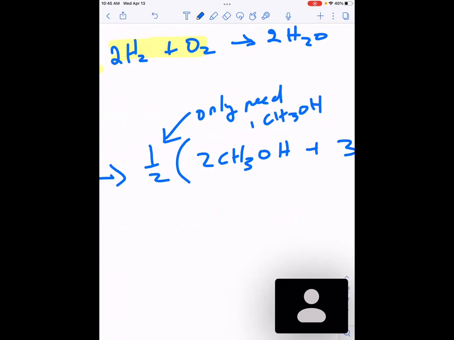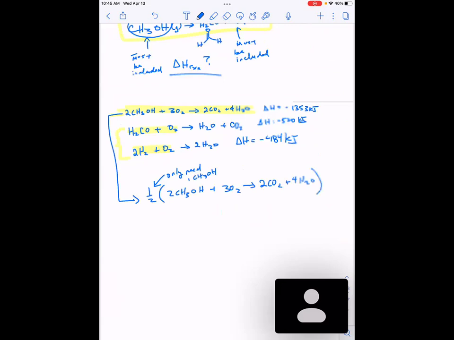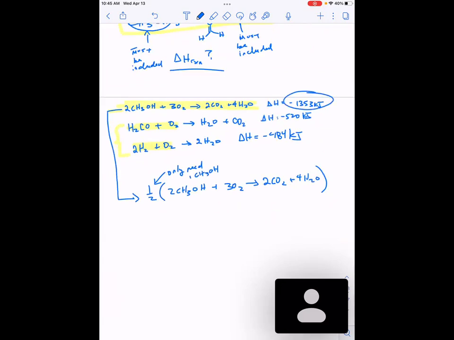So we multiply everything by 1/2, including the enthalpy. We're going to cut delta H in half as well.